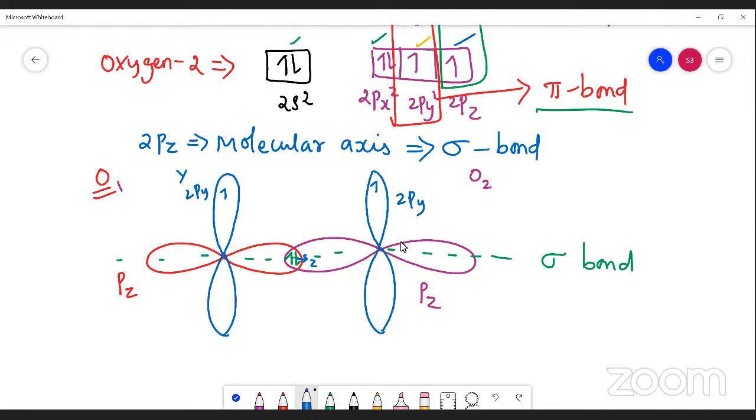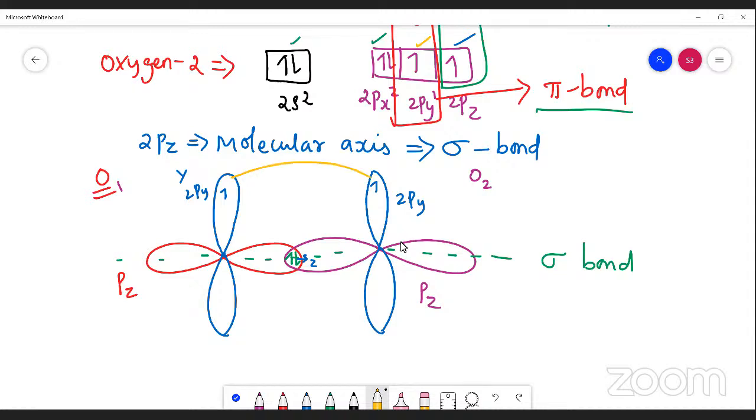This 2py atomic orbital of the first oxygen atom overlaps with the 2py atomic orbital of the second oxygen atom. It overlaps like this.